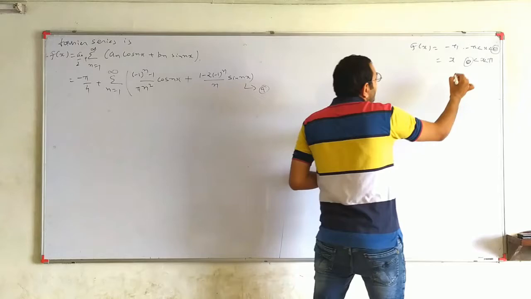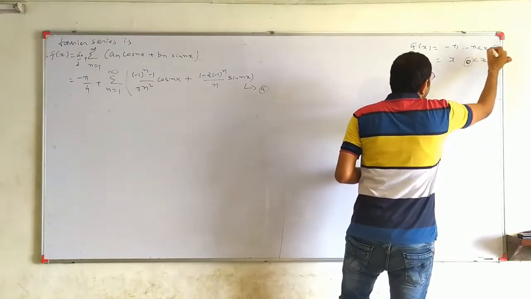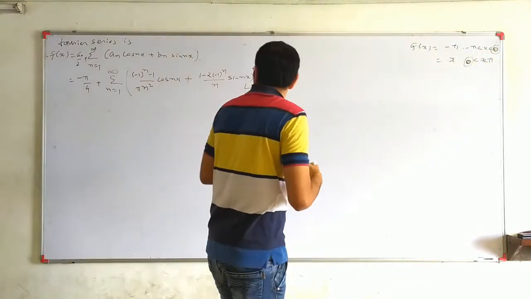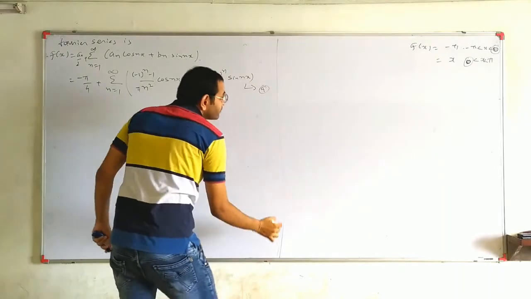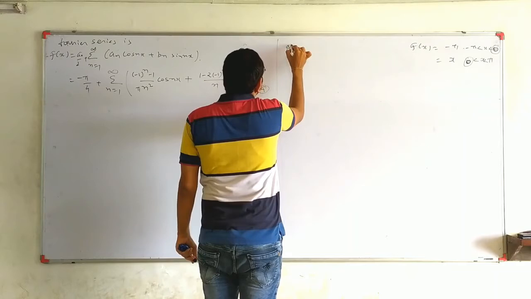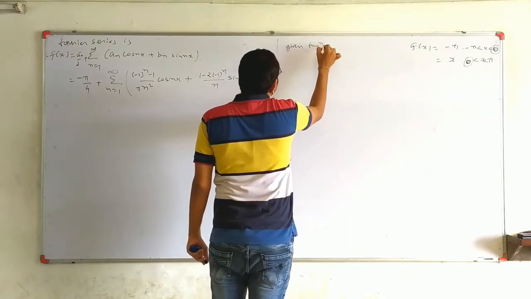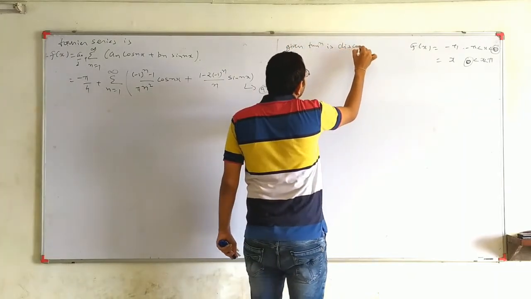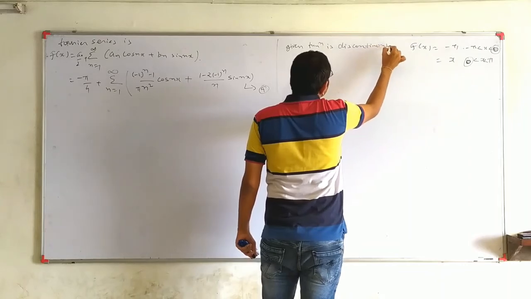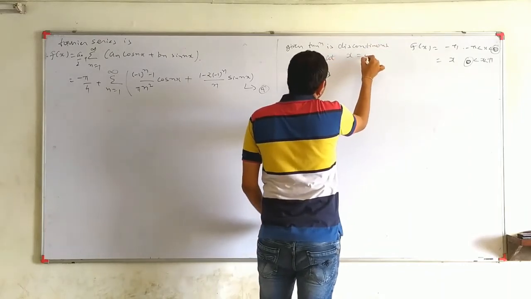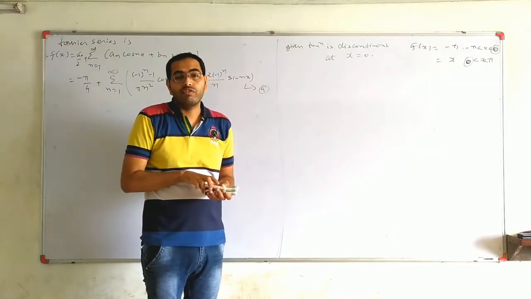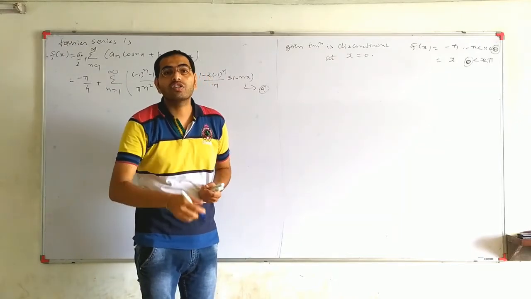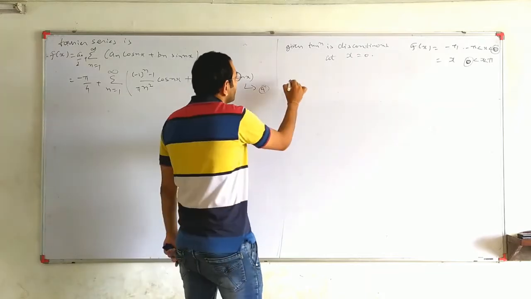We can say that our function is discontinuous at position 0. Given the function is discontinuous at x equal to 0, we will find the value of the function at the 0 position.